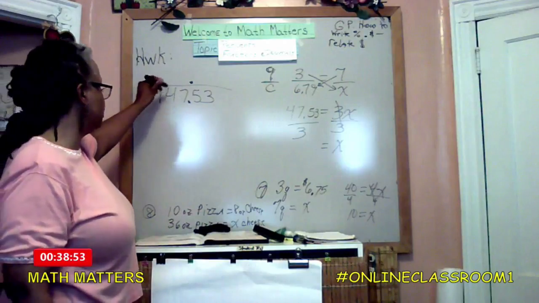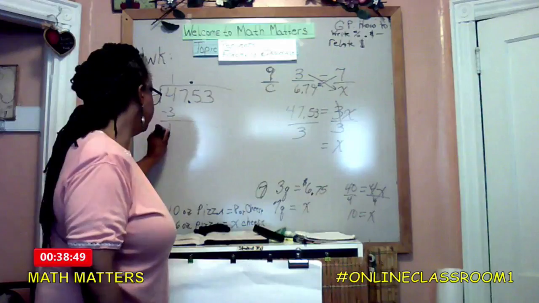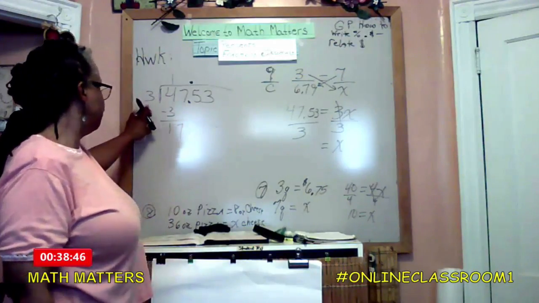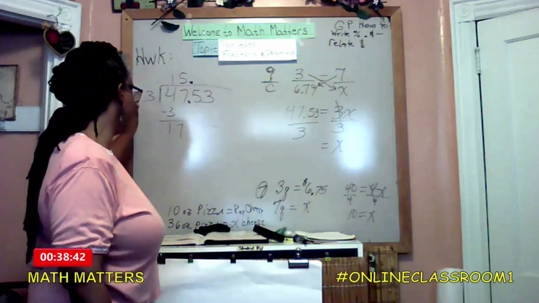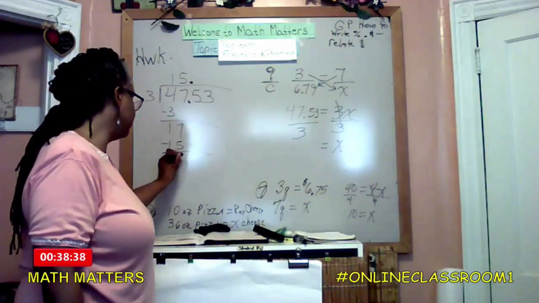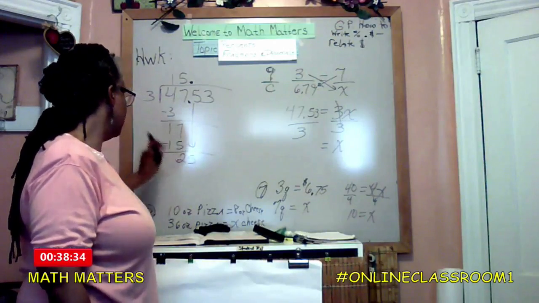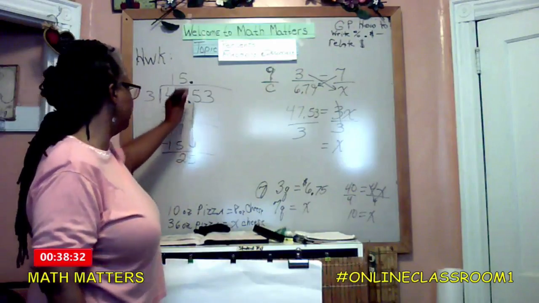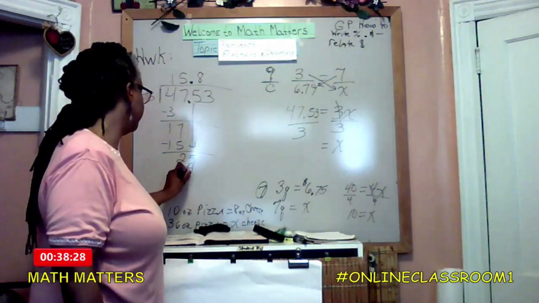3 goes into 4 one time. 1 times 3 is 3. Come down with 17. 3 goes into 17 5 times. 5 times 3 is 15. Subtract, bring down the 5. 3 goes into 25. 8 times 3 is 24.